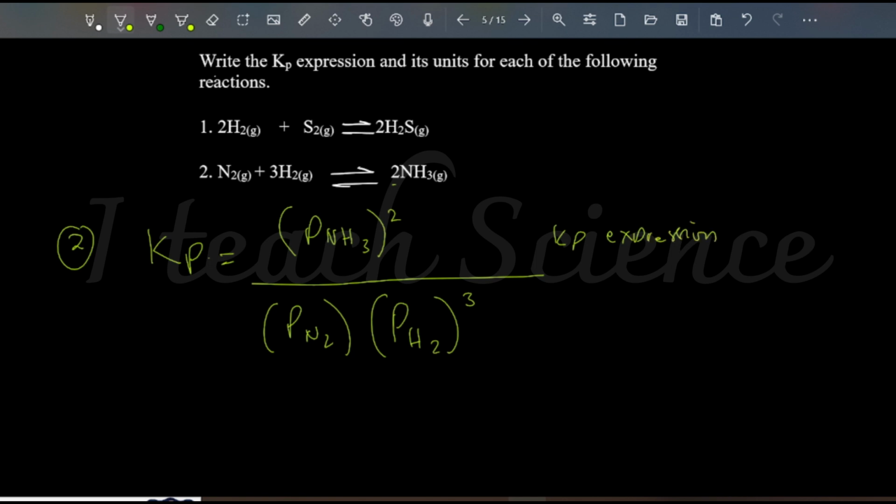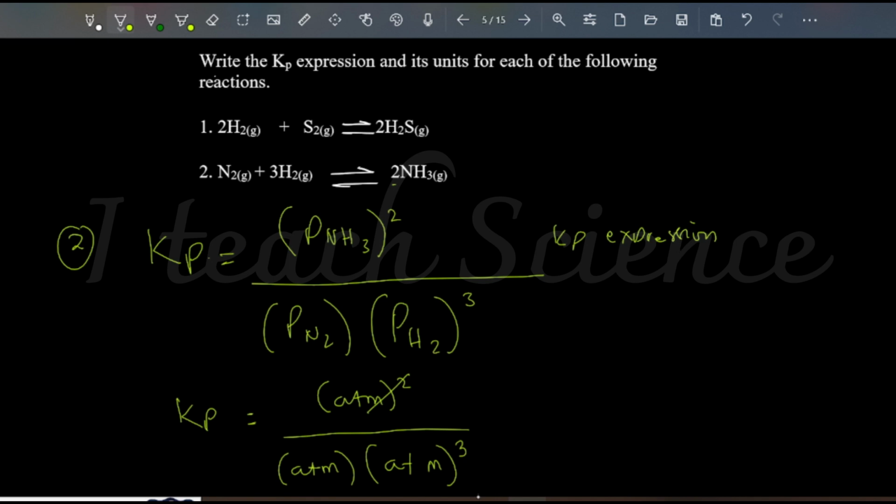So now we can go ahead and write the unit. Here we have a square, so we are going to take atm squared, and then here we have atm, and here we have atm cubed. So as you know, this squared will cancel this cubed and we will be left with only 1.